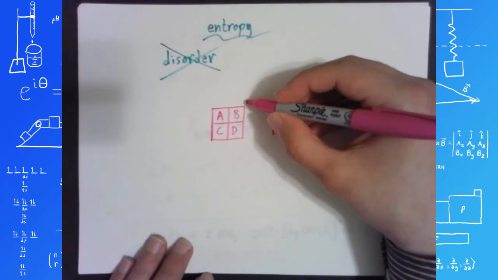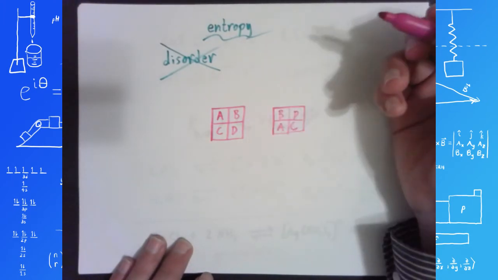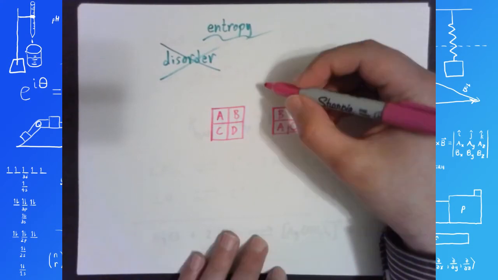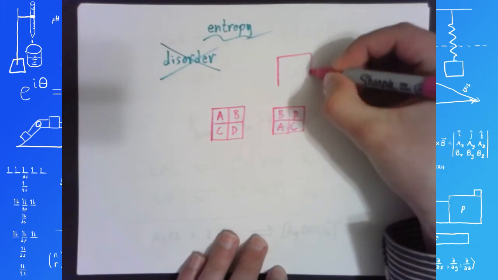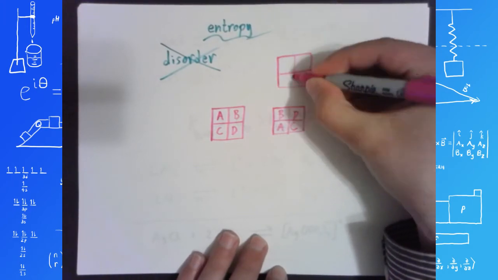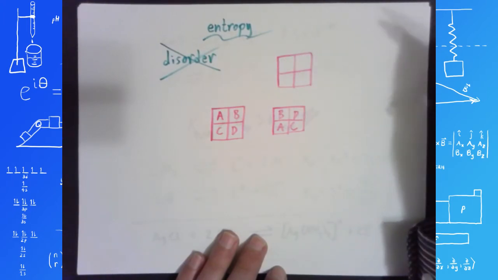If you remember basic probability and working with factorials, then maybe you'll be able to see that pretty easily. If you have 4 spaces, then for particle A, there's 4 different places where you could put it.